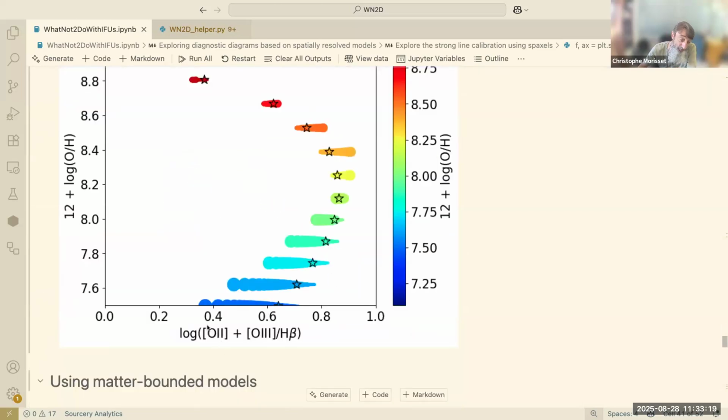And O2 plus O3 is also a good guy, but look, it's not that good because you first need to know in which part of the diagram you are, and it works fine only with very metal rich or very metal poor regions. Close to solar, well, it's also degenerate.